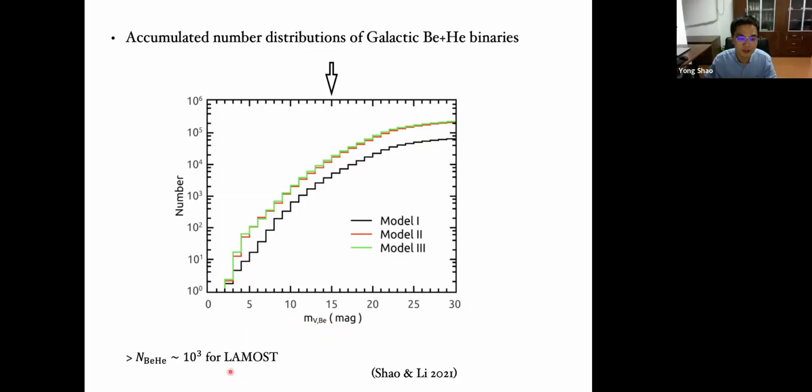So for a Chinese telescope, LAMOST, it has a magnitude limit of about 15. So we expect that LAMOST can detect about 1,000 B plus hidden star binaries in the Milky Way.